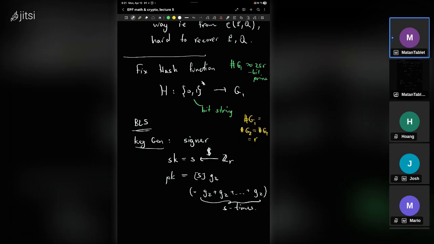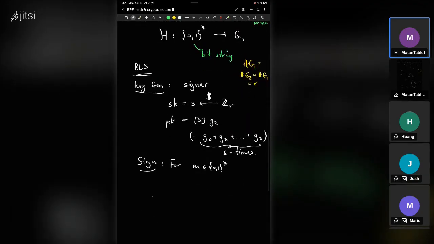Okay, so this is the signer, and now the signer takes a message M, which is a bit string. The signer computes sigma, which is s times H of M, the hash of the message.